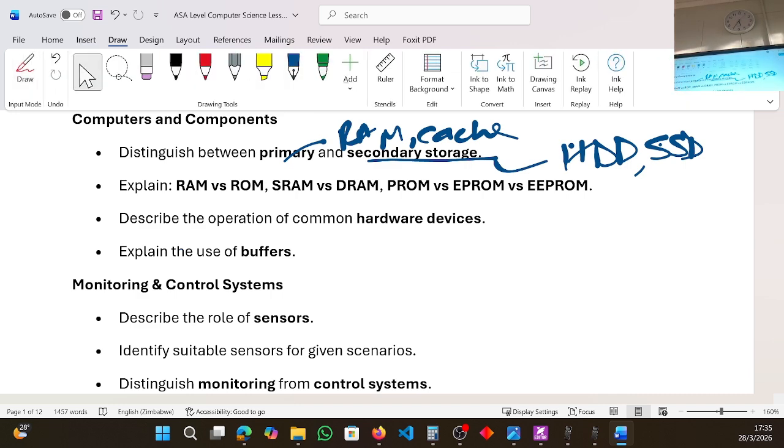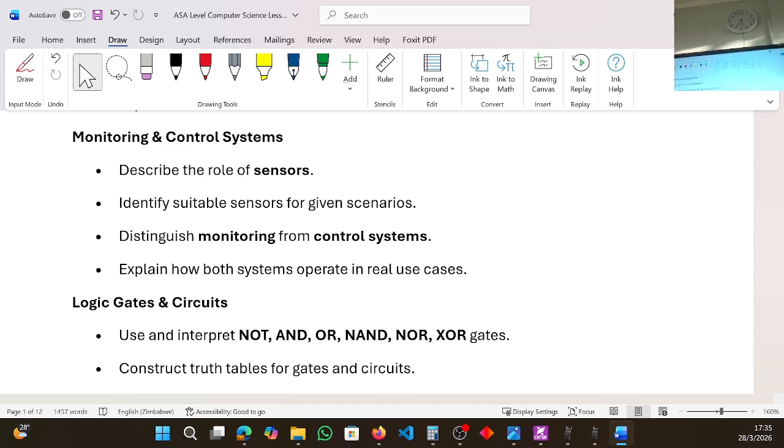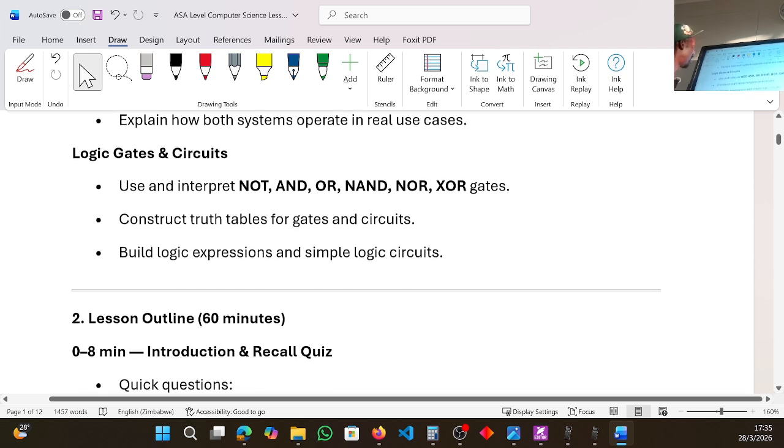Here we'll be interested in the role of sensors. When they monitor, they just read data, but if they are controlling, it means they take action after the data has been read. Then we have logic gates: NOT, AND, OR, NAND, NOR, XOR gates.